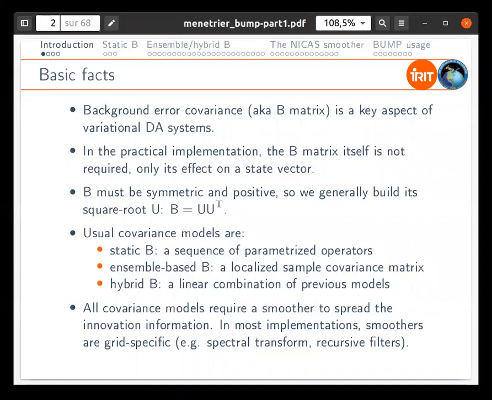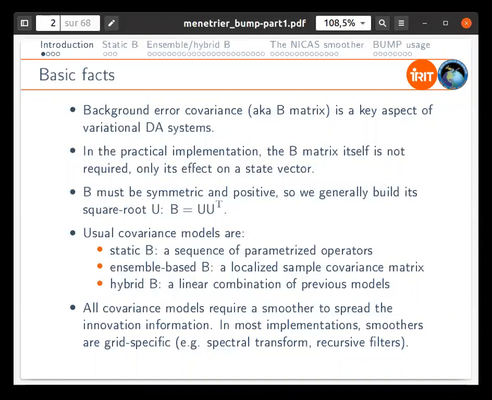So there are basically three general approaches to build a background error covariance model. The first one is the static B. It's a sequence of parameterized operators. The second one is the ensemble B that uses an ensemble of perturbed forecasts to sample the background error covariances.